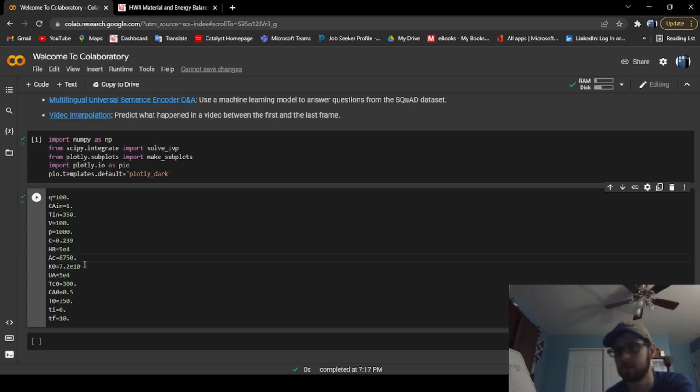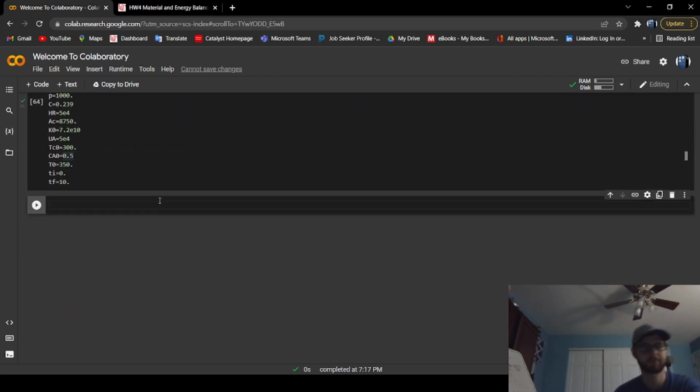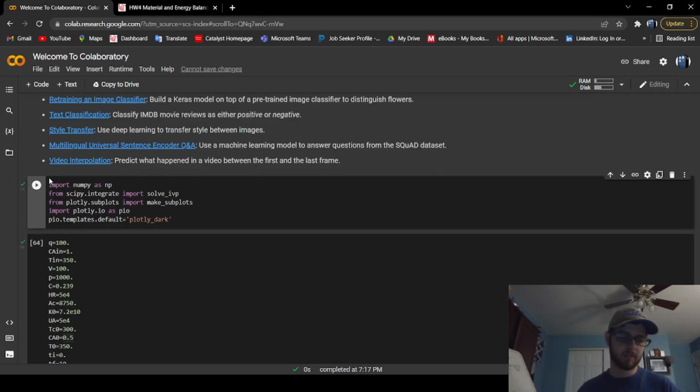K naught, which is the rate of collisions inside for the reaction, is in inverse minutes. UA right here is in joules per minute Kelvin, and this concentration is also in moles per liter, and I am done with that. So I got all those down the last time, and I think I also explained these. Nothing is new here, so there's that.